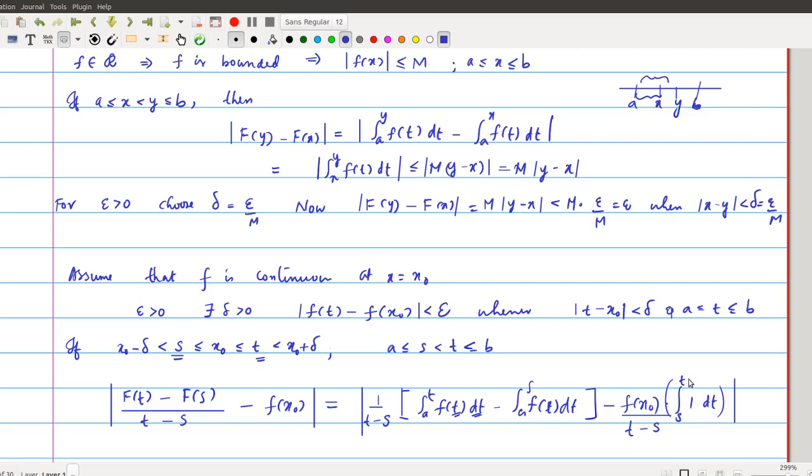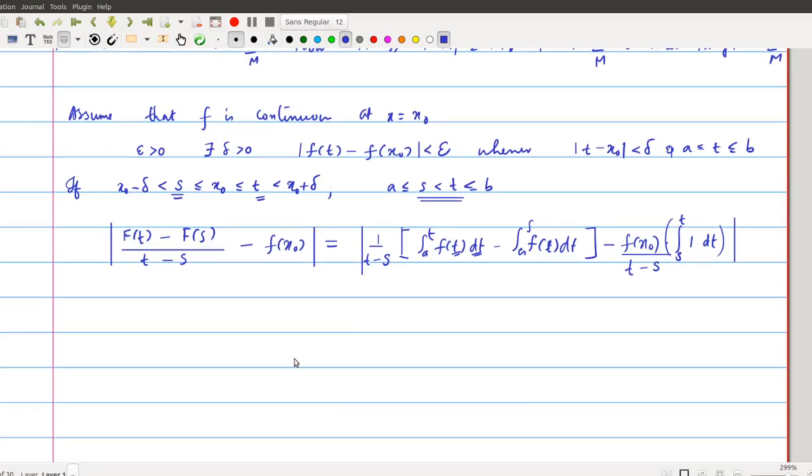Integral of 1 is t, then substituting the limits, t minus s, so that will cancel, because this is a relation between s and t. This f of x naught can be taken inside this integral because it is a constant value. So we can simplify this modulus as modulus of 1 by t minus s, and this integral is changed to: the first integral is from a to t and the second is from a to s.